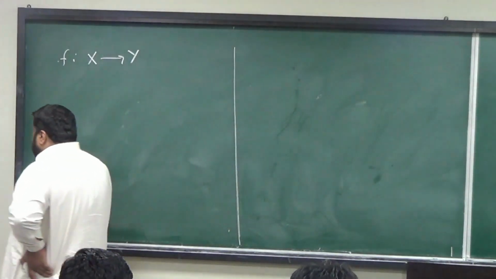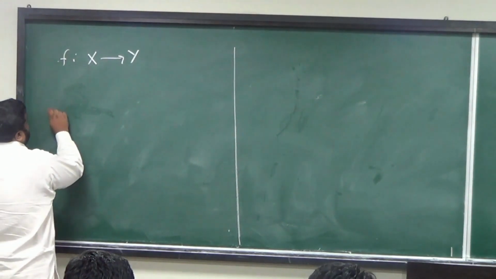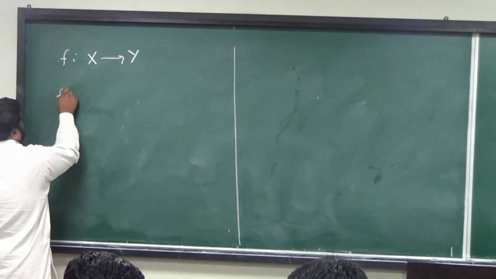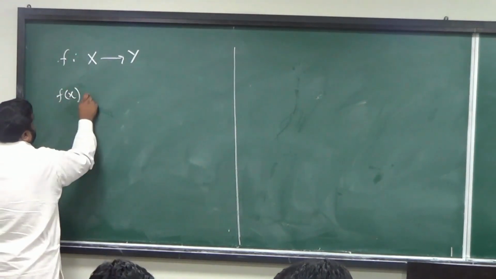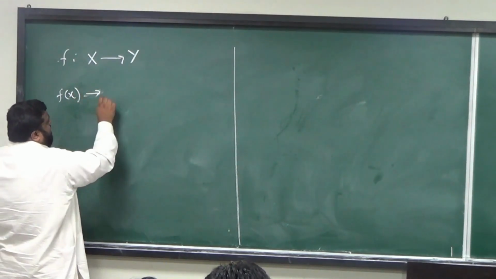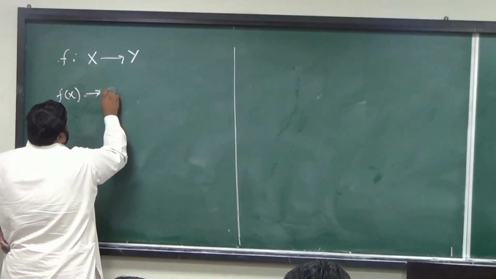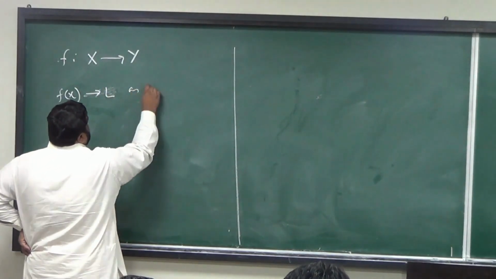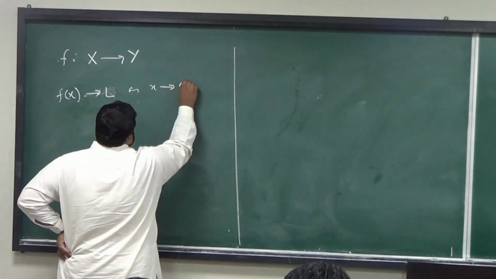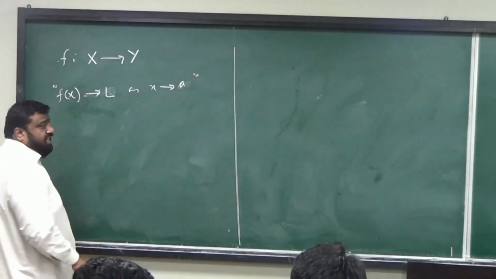Okay. And I would like to specifically define what is the meaning of a function approaching a number, for example say L, as x goes to A. That's what the agenda is.